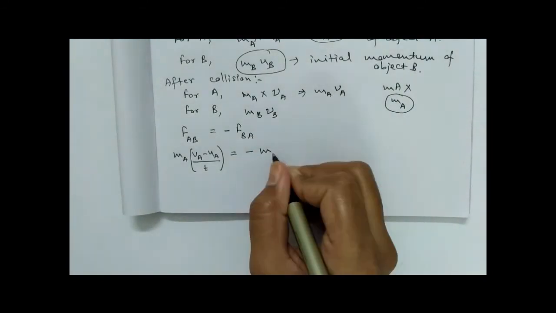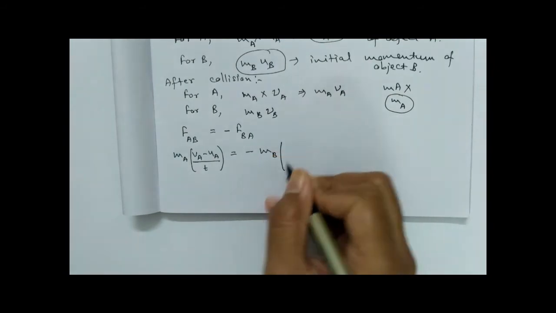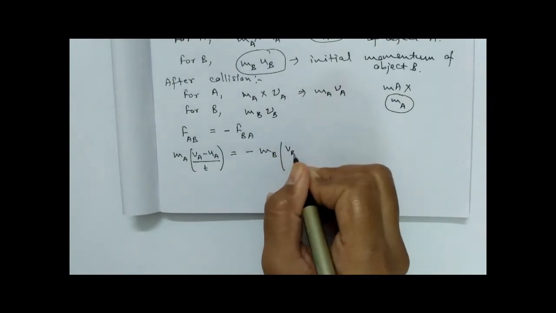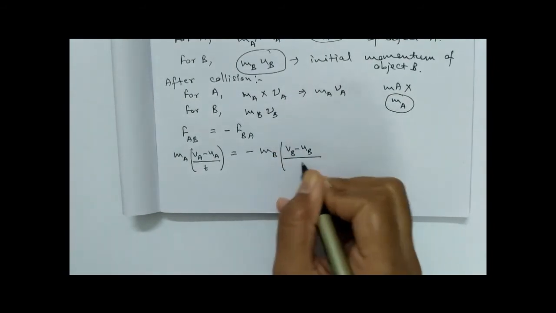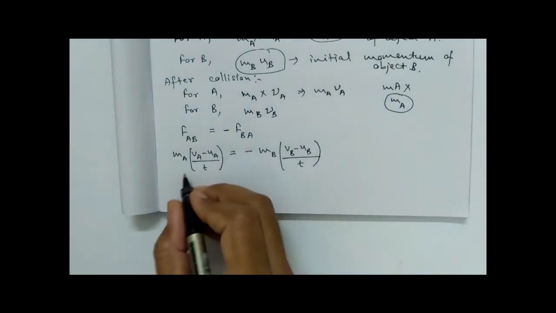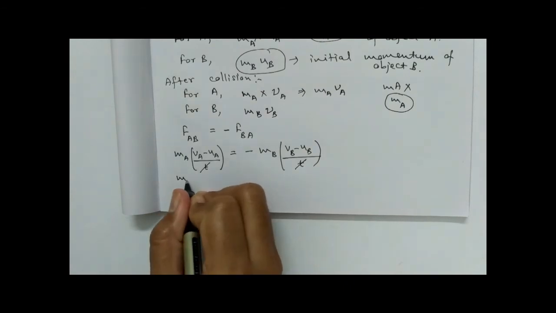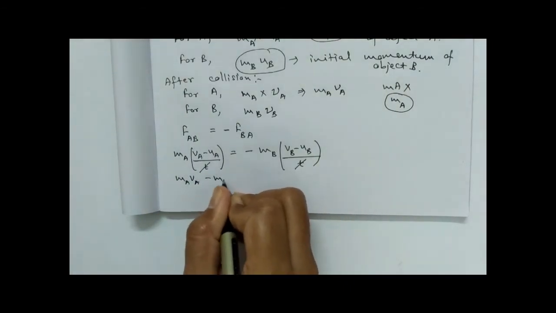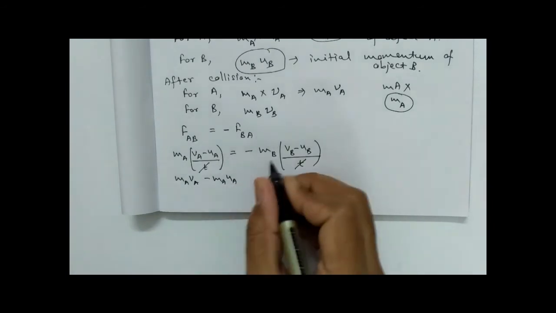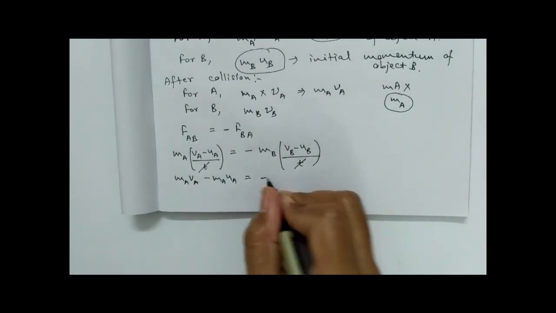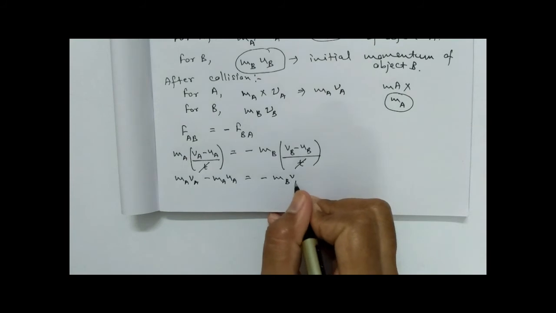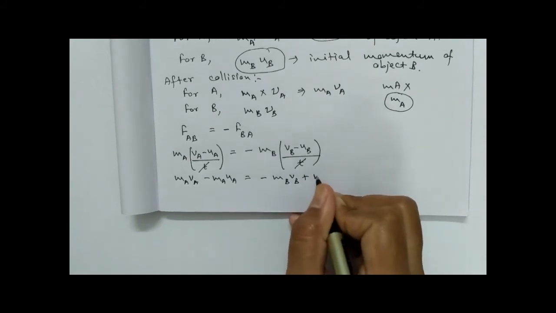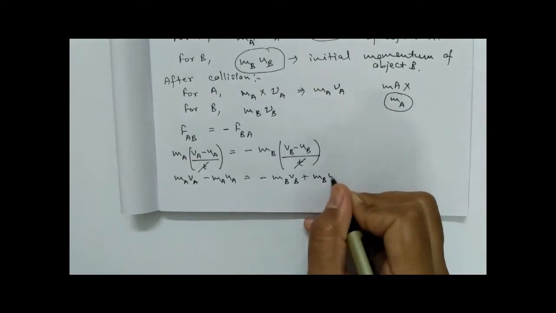It will be mb vb minus ub by t. Solve it. T will get cancelled, isn't it? Will be left ma va minus ma ua is equal to minus mb vb and plus mb ub.